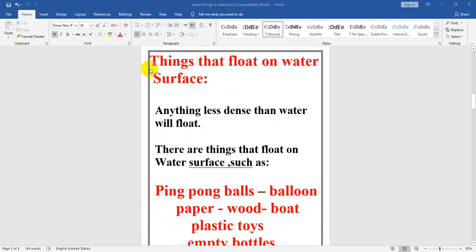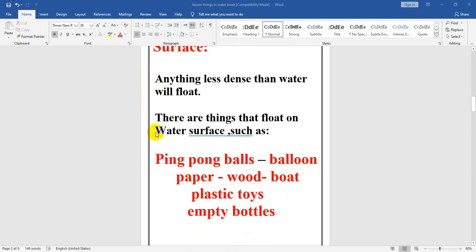Firstly, things that float on water surface. Anything less dense than water will float.